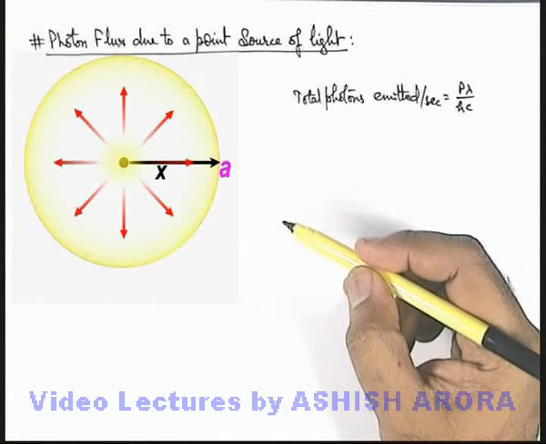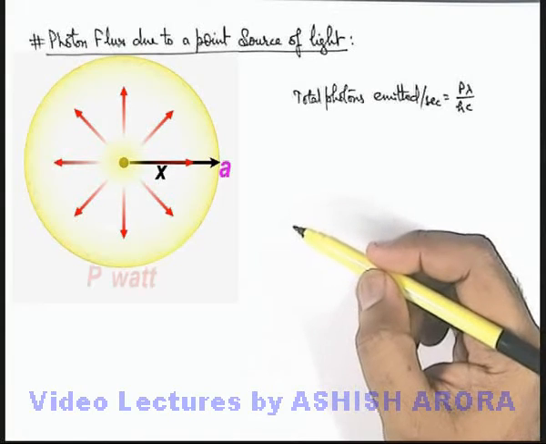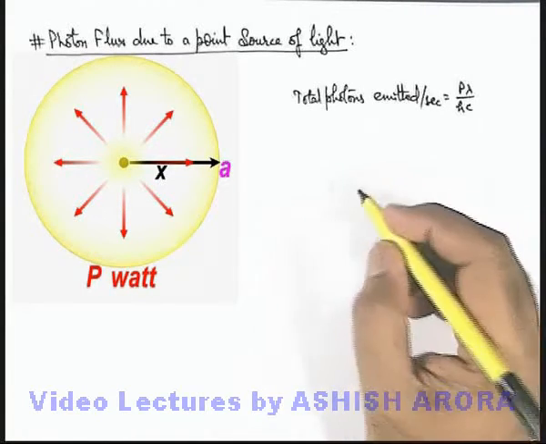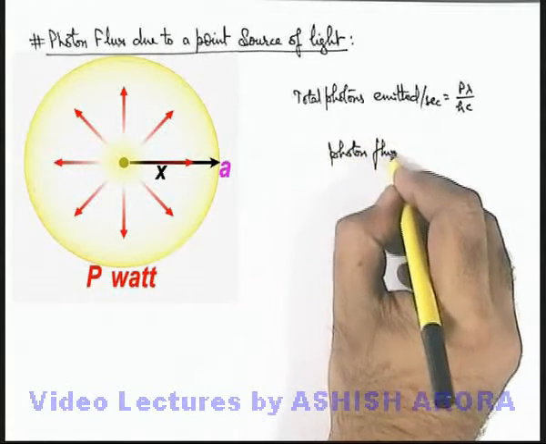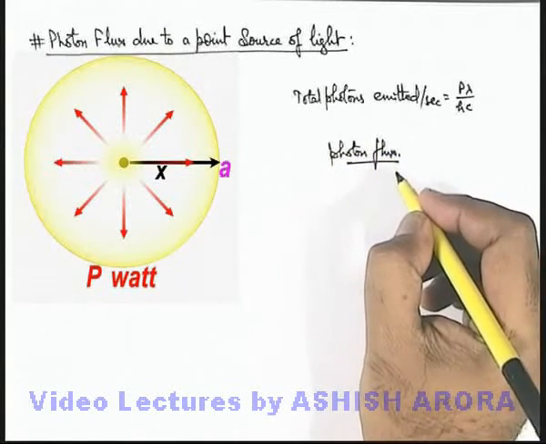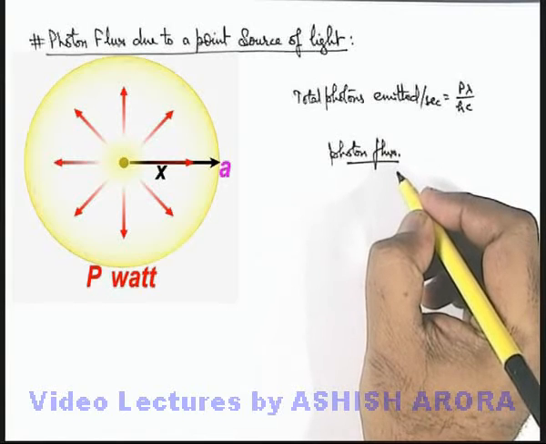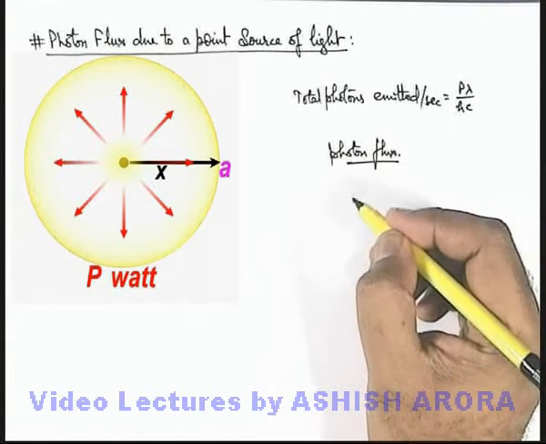And from this spherical region, if the total power P is emitted, then we can directly write the photon flux in this situation: the amount of photons which are passing through per second per unit area from this surface.